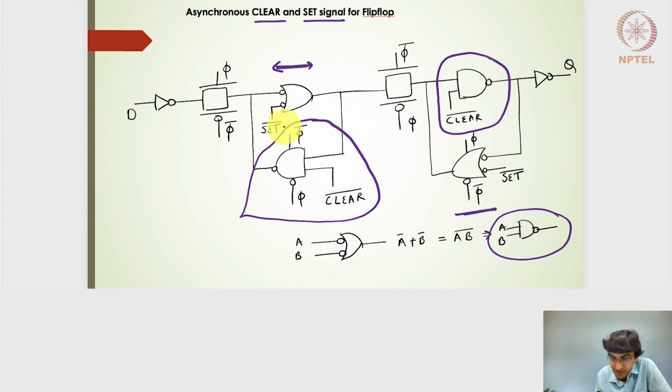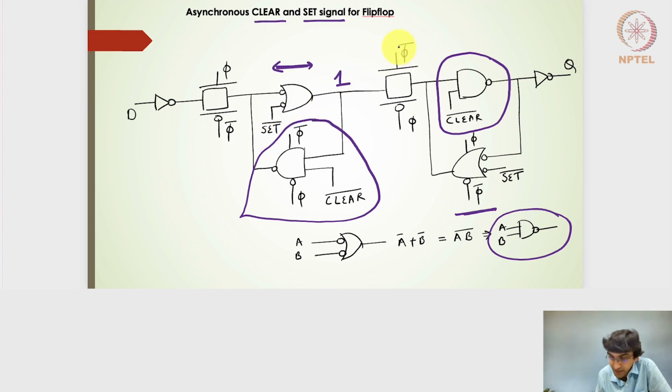So what it really means, if the set is high, I will get the output of this OR gate to be 1. Similarly here, if the set is high and the clock is high, then during the high level of the clock, if the set is 1, I'll get the output to be 1 here. Right. So the way this works is, if the set is 1 during the negative level of the clock, I will have this output to be 1.